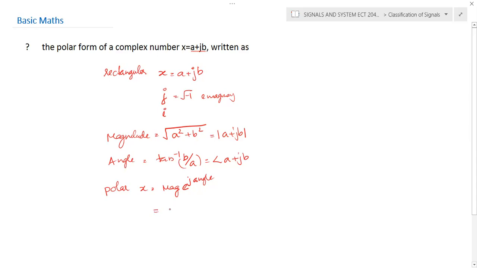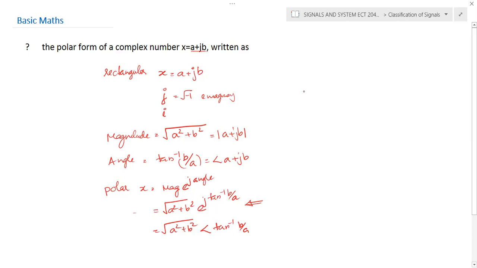The magnitude is root of a square plus b square, multiplied by e raised to j, and in place of angle, you write tan inverse b by a. And most of the time, for convenience, we can avoid this e raised to j term and simply write the angle tan inverse b by a. But this is the correct notation for a complex number in polar form.